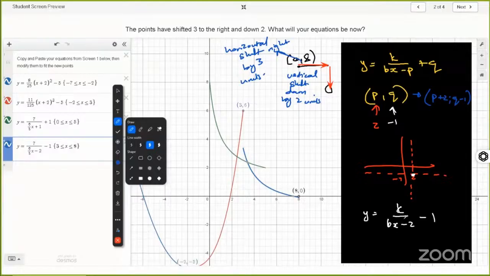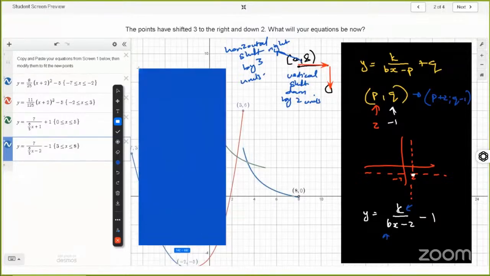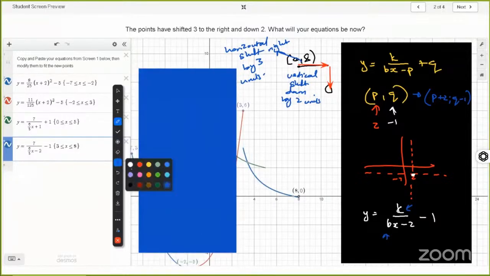The original. I'm doing this on a trial by trial basis as we go through it. Typing it in, checking it, typing it in, checking it. I could have done it in one go, which may have saved some time. So I got k over b(x minus 2) minus 1.